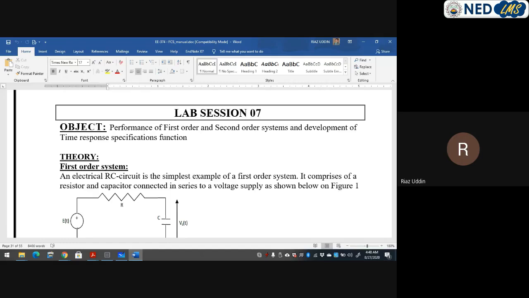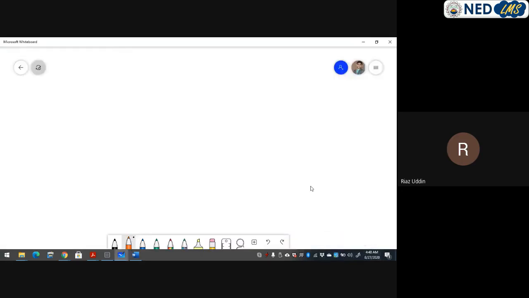Now, in this lab, we are going towards understanding one of the two very important systems. The control system theory basically has two parts. Number one is its dynamic part, and number two is its control part.